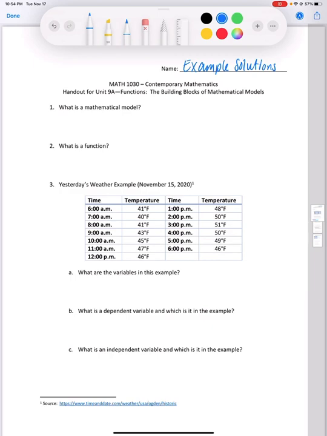Okay. What is a mathematical model? Well, a mathematical model, or model, is a representation of something real that helps us understand the real thing. So a mathematical model is foremost a representation, so it's not the real thing.